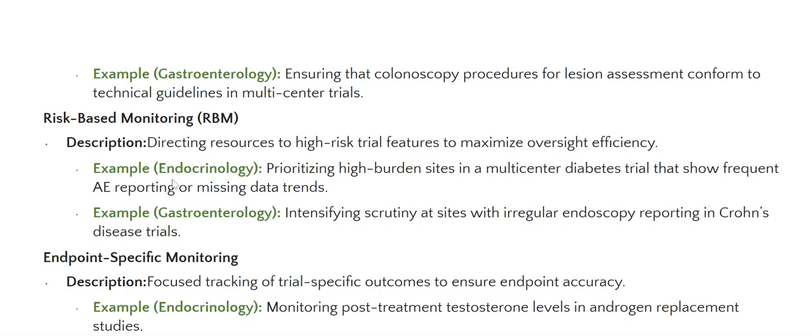Example in endocrinology: prioritizing high-burden sites in a multi-center diabetes trial that show frequent AE, adverse event, reporting or missing data trends. Example in gastroenterology: intensifying scrutiny at sites with irregular endoscopy reporting in CD, Crohn's disease, trials. Endpoint specific monitoring.